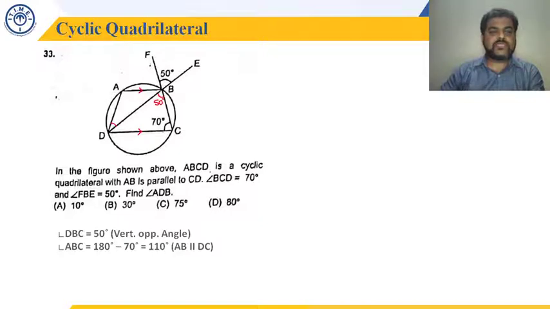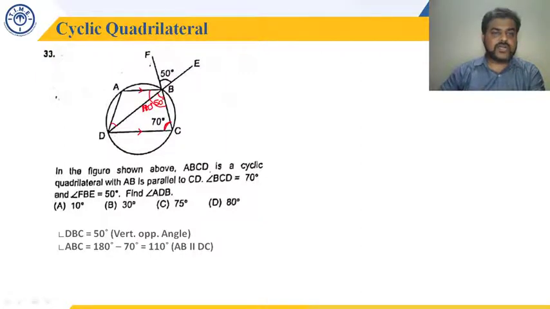Because AB and CD are parallel, and we have learned that when two lines are parallel and there is a transversal, the sum of interior angles is 180 degrees. So this entire angle and this angle, these two are supplementary because CD and AB are parallel lines and CF is a transversal. So this entire angle is 180 minus 70, which is 110.